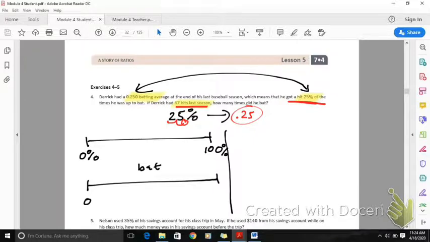It says he got a hit 25% of the time, so we put 25% on there.